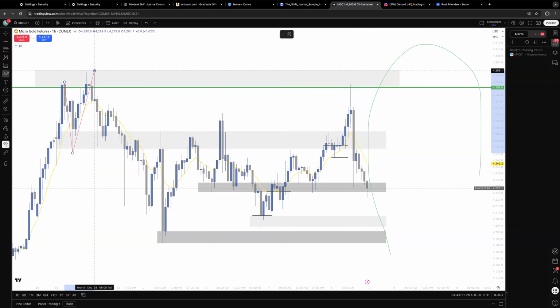But then price came back down, right? It made a higher low because it never broke this area right here. So we still in the uptrend. And then price came up here at the highest point and made a lower high.